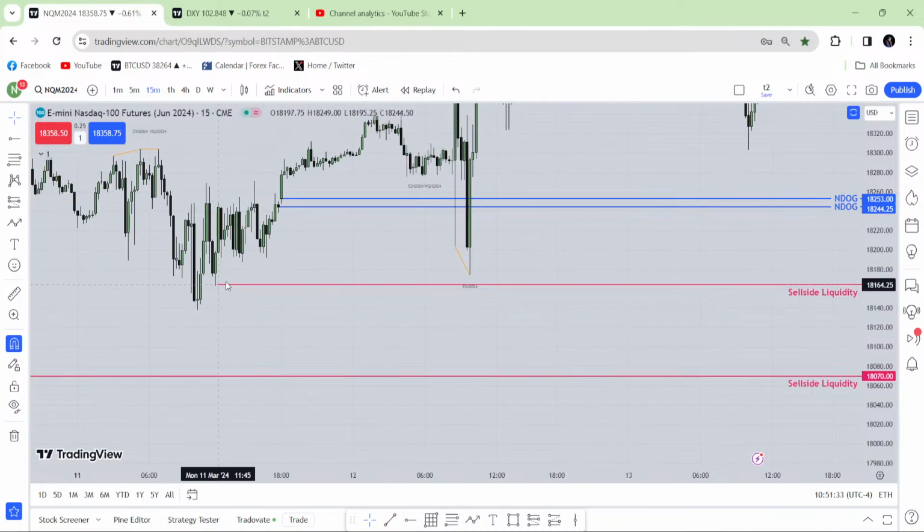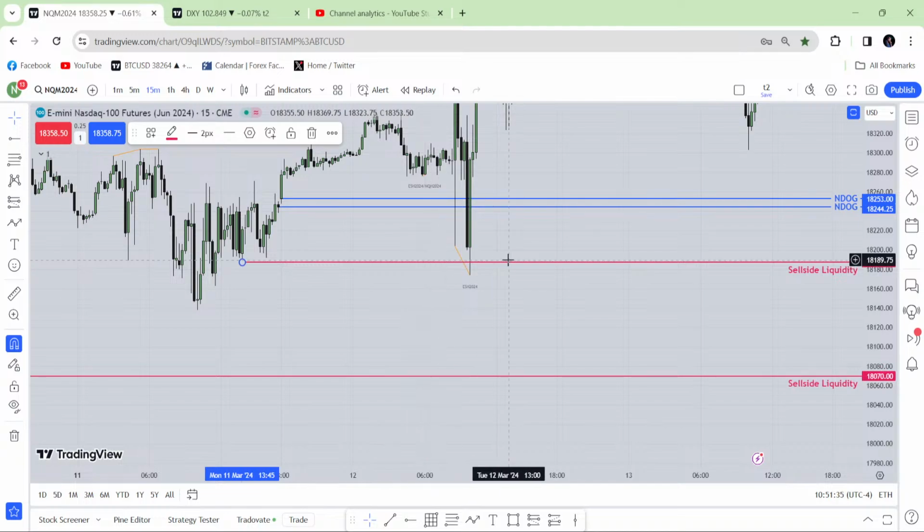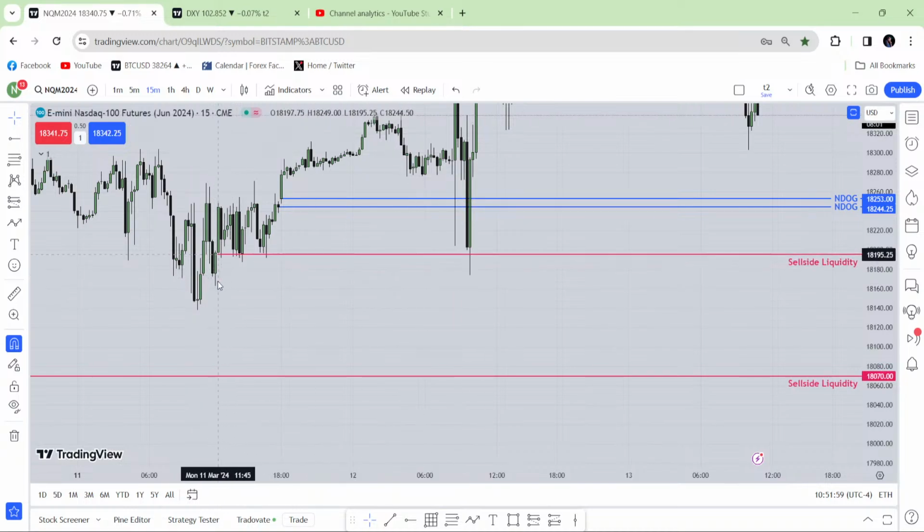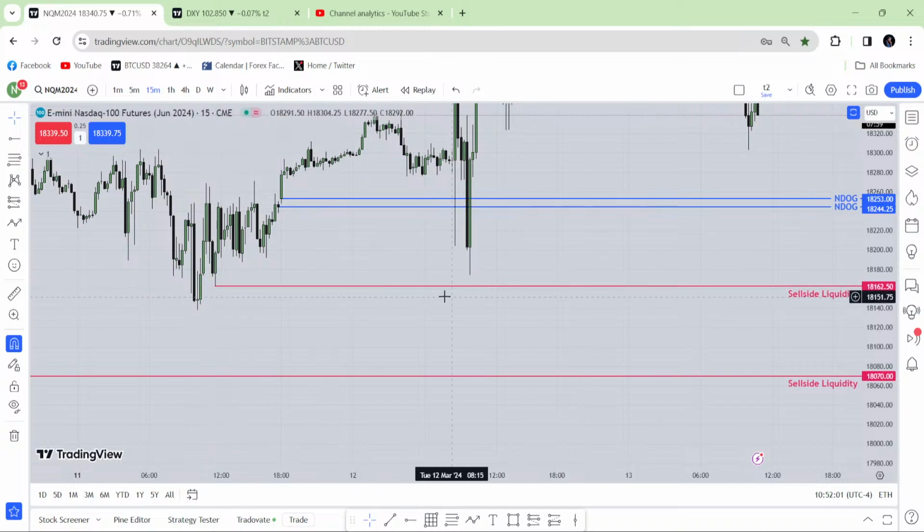Now if I don't want to go for that, and I come here, let me remove this. This is the shallow run, right? What I told you about the shallow run: if you ever see a shallow run, mark the low of that run. This is your obvious liquidity. When I put it here, I saw this low is very near to that low. So instead, I just mark this one as my liquidity. Okay, brother?